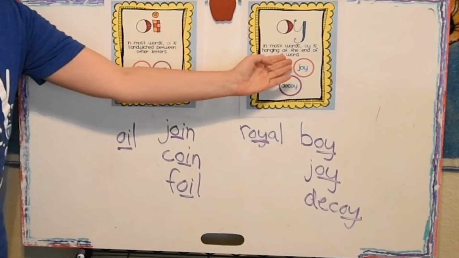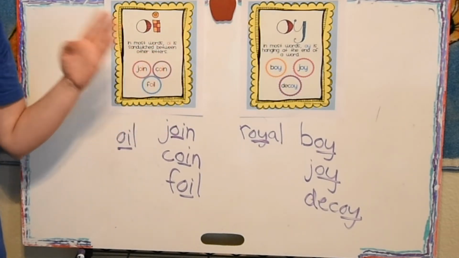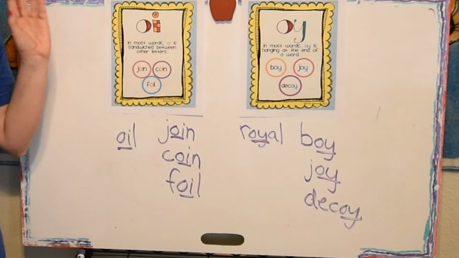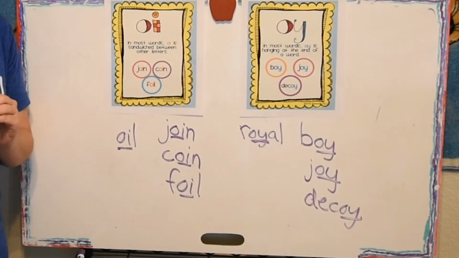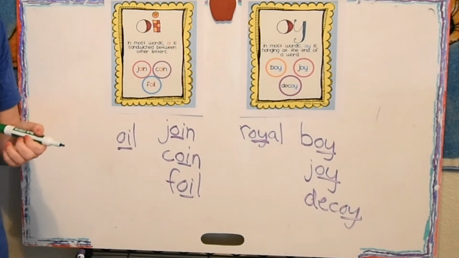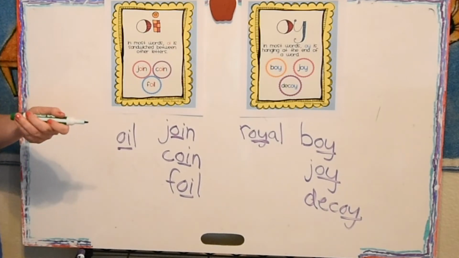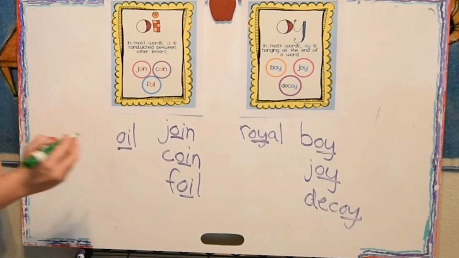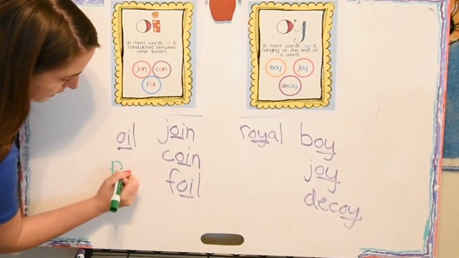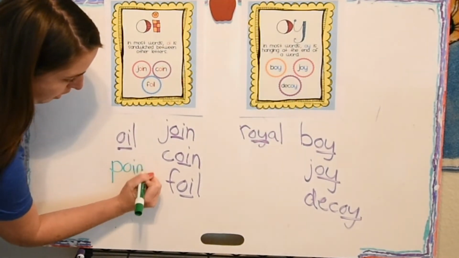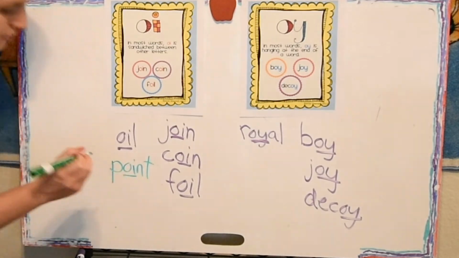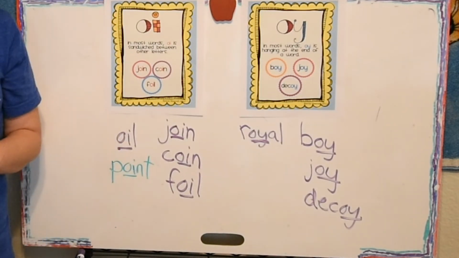Well, based on the rules that I just gave, most of the time when the oi sound is in the middle of the word, like point, p, oi, n, t, it's a middle sound, you use oi. So I'm going to spell point with oi for the oi sound. So it goes under oi.